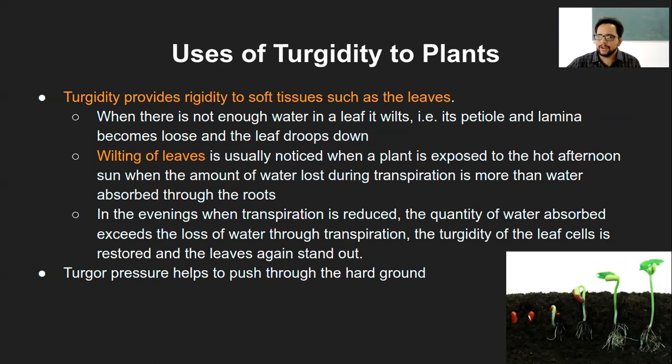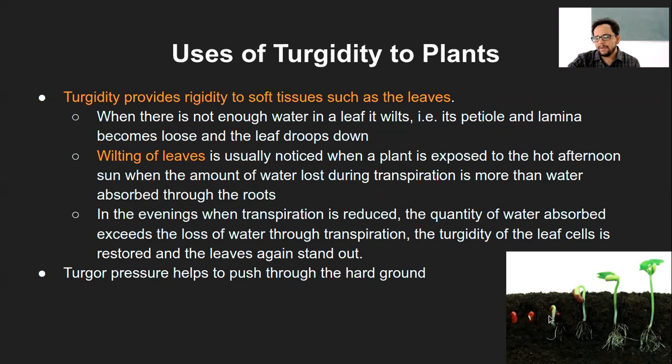Now, the uses of this turgidity to plants. This might overlap with the importance in some cases, there I will skip, but otherwise turgidity provides rigidity to soft tissues such as leaves. If you look at this particular diagram at the bottom, you can clearly see when the seed is sown into the soil, it absorbs water, so it will swell up a bit, it will start sprouting, and that sprout will grow.